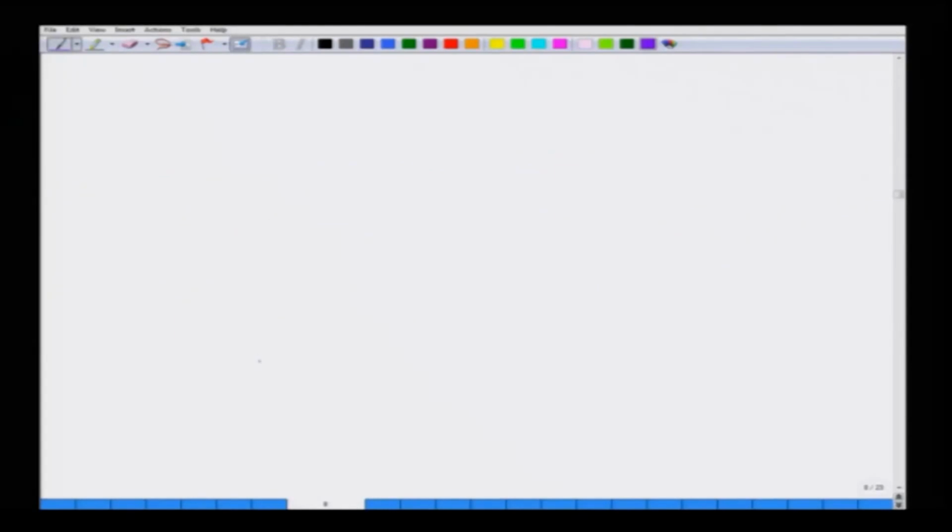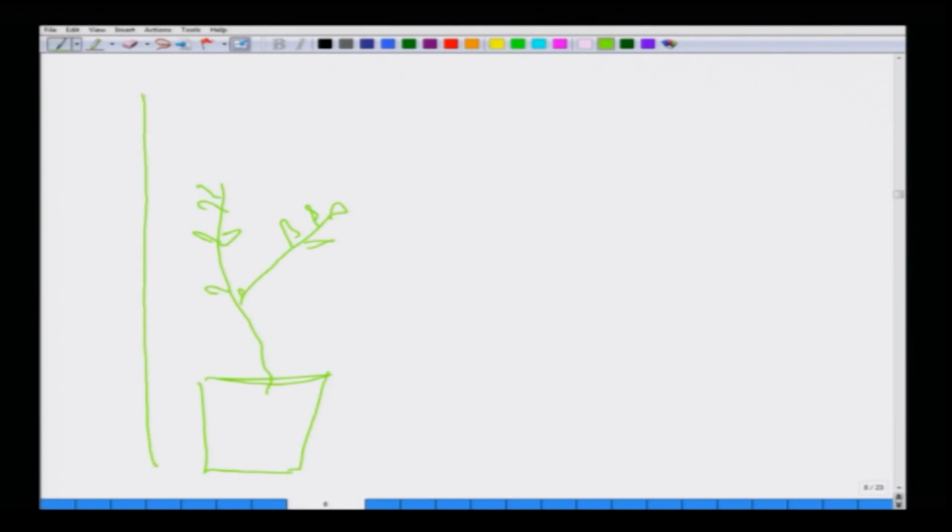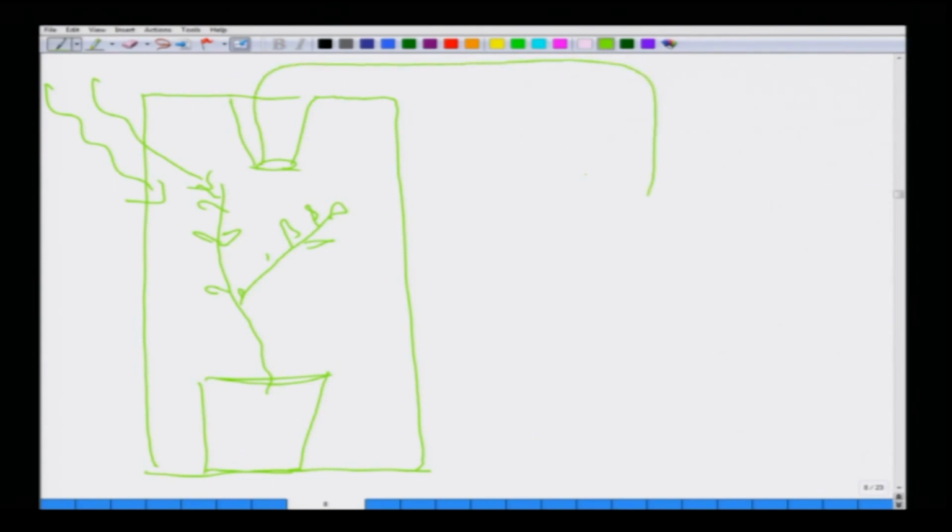For example, you have a plant here, some kind of indoor plant, and you grow this plant inside a chamber like this, where light is falling, and it is connected with whatever gas is being released. It is sealed.